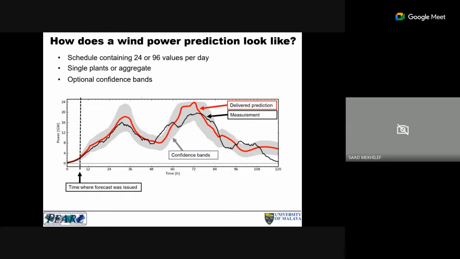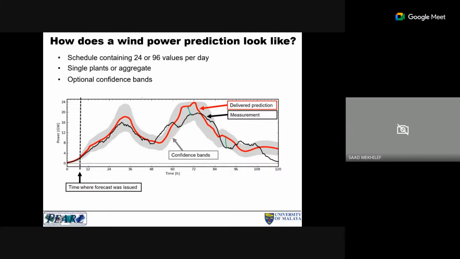Here is the measured value, and this is the delivered prediction. You can see we can almost predict it, but still there is a gap. For example, there is an error here, between the delivered predictions and the measured one. So this is the error.